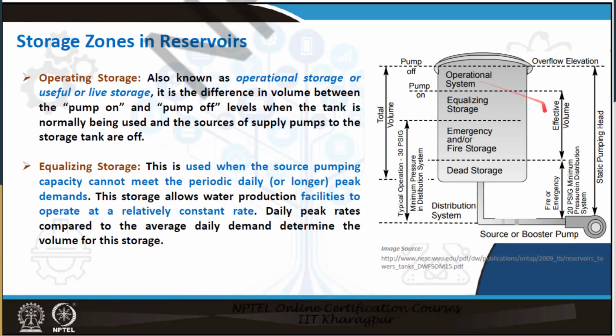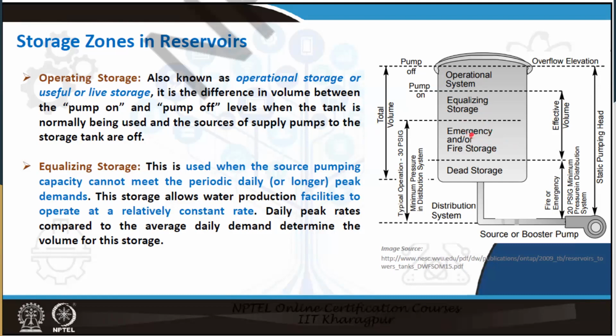In such cases, this storage is going to provide for the water requirement of high peak times. Now, the emergency or fire storage is a storage requirement that meets the necessity when there's a fire or an emergency where water is required.